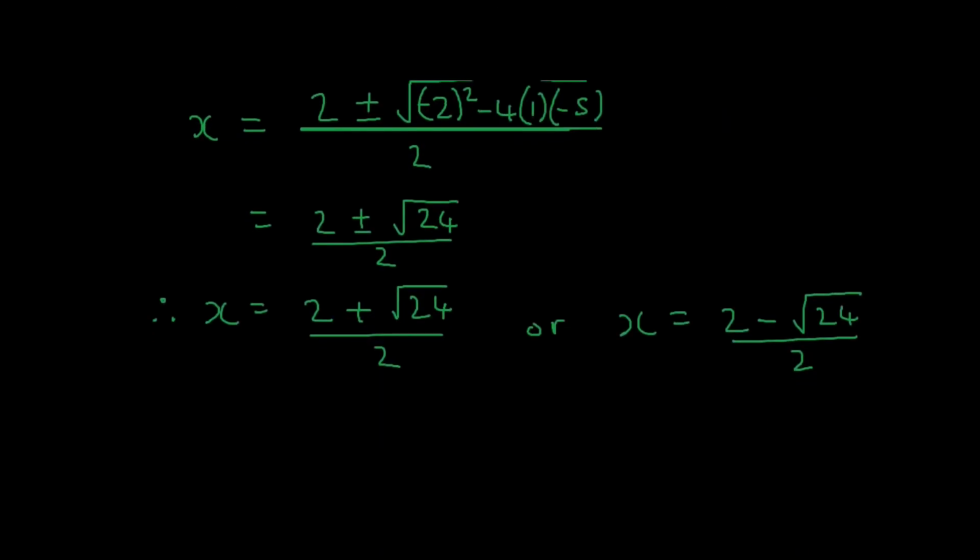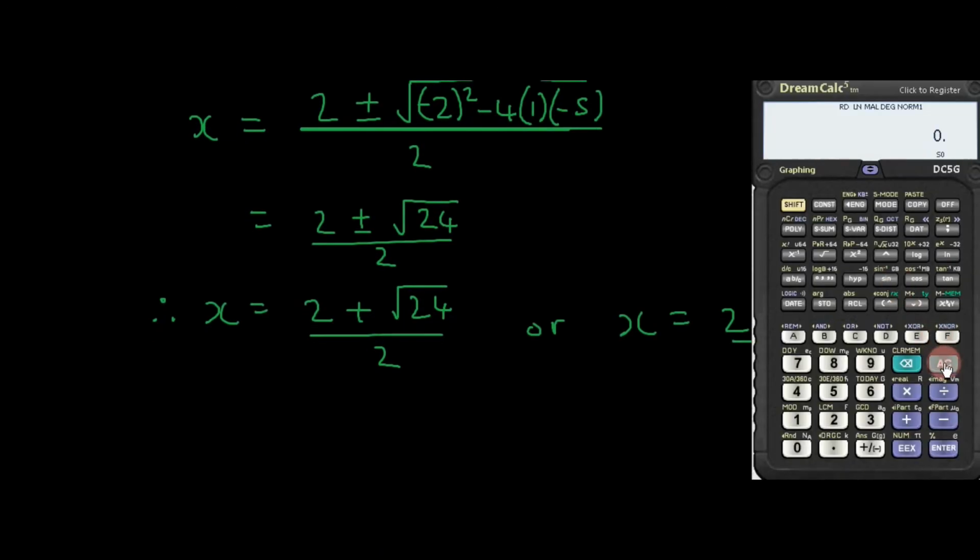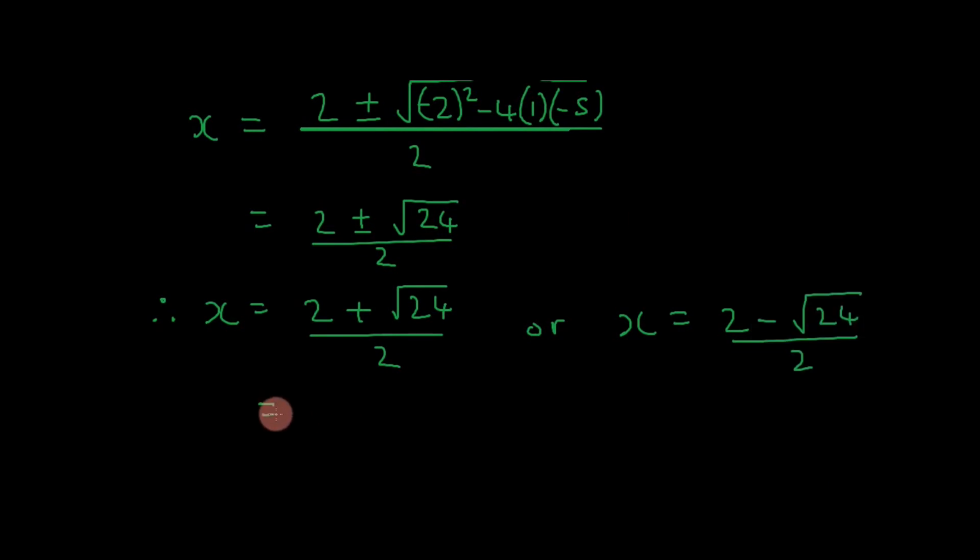Now we can use a calculator. So 2 plus square root 24 divided by 2, and it's 3,45.